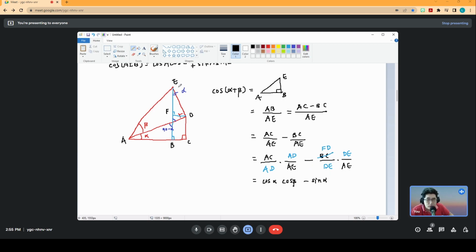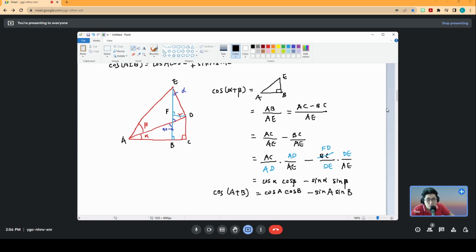And DE over here and AE over here, you will see that DE is the opposite of beta, AE is the hypotenuse of beta, hence I have a sine beta. From here you can see that cos of A plus B equals cos A cos B minus sine A sine B, which is the addition rule.